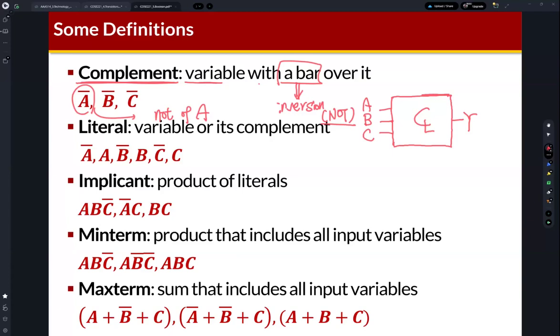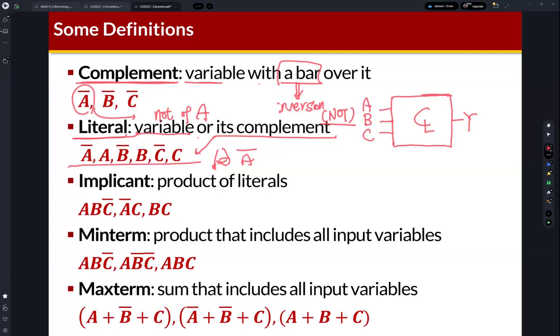And then literal. Literal represents a variable or its complement. So we can use A or A bar; we can think that these are literals.